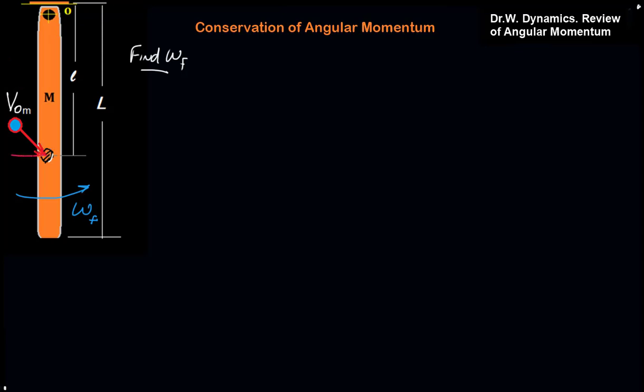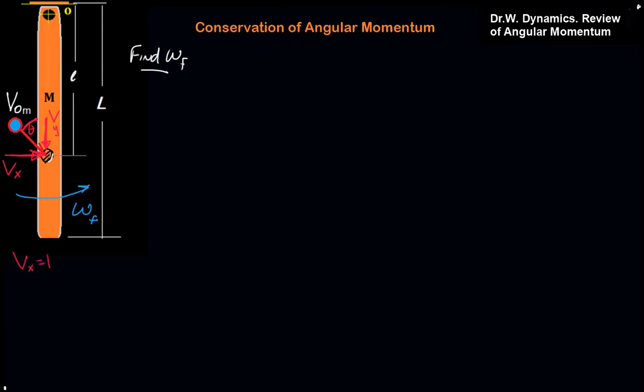First, we can break down v0 into a vx and vy value. And let's call this angle theta here between the bar and the velocity.